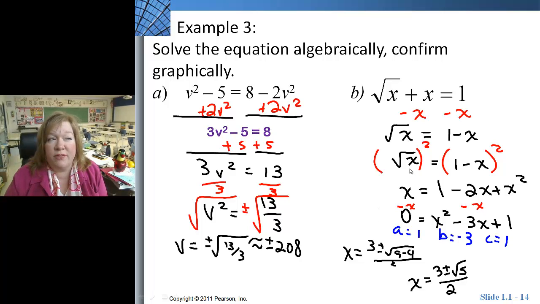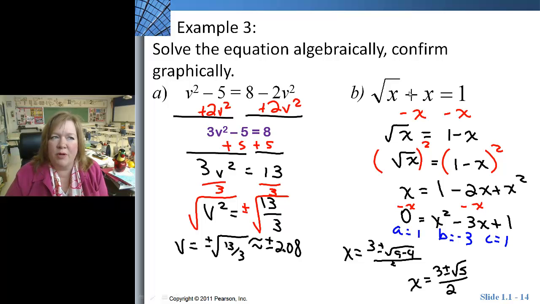Now when we first started out, we have a square root here, and so we have to really check our answers carefully to make sure we're going to get the right one. If I put in 3 plus the square root of 5, well, let's just say the square root of 5 is 2, so 3 plus 2 is 5, and 5 over 2 is 2.5. If I try to plug that into this equation, it's not going to work.